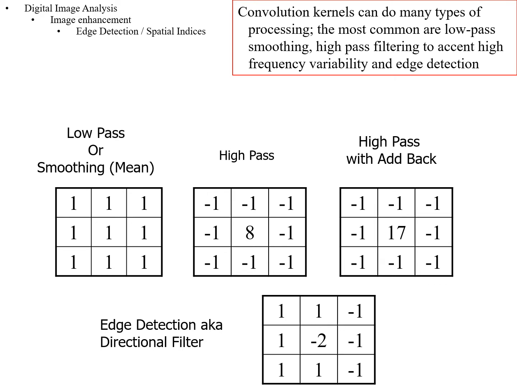So you have 8 negative 1s and an 8 multiplied by all the 1s in the image. That's just going to give you 0. What that's saying is there's no high frequency variability.